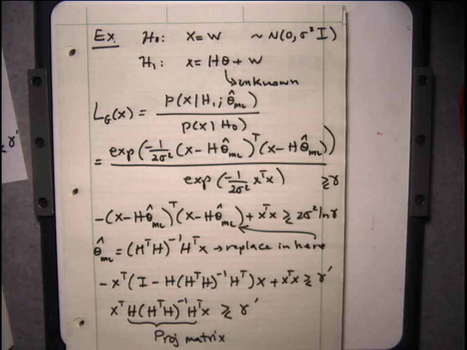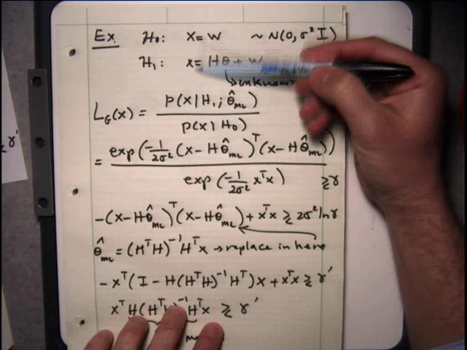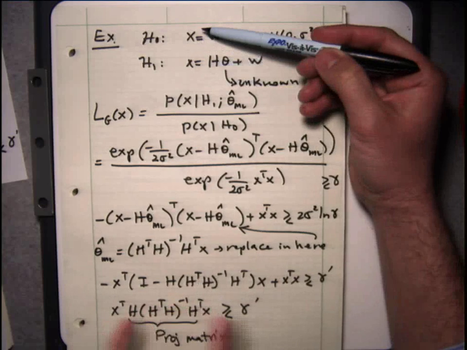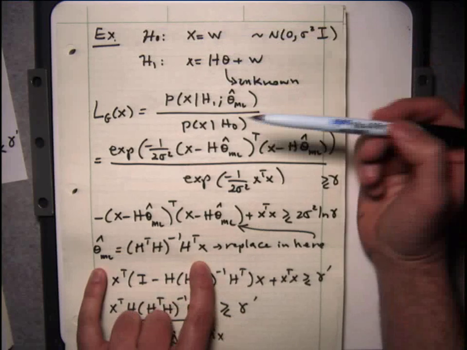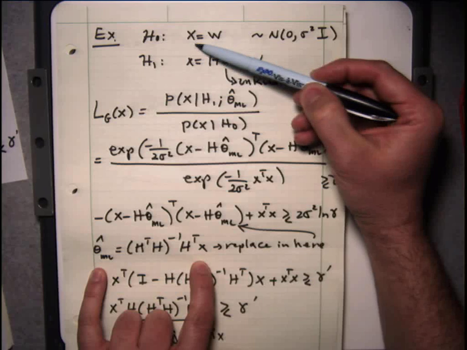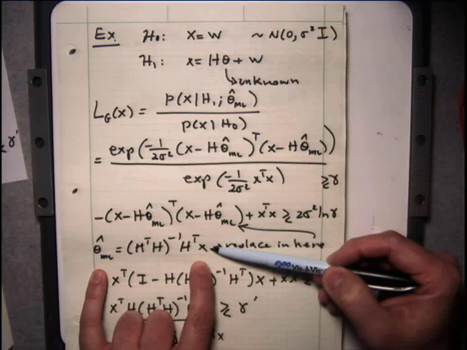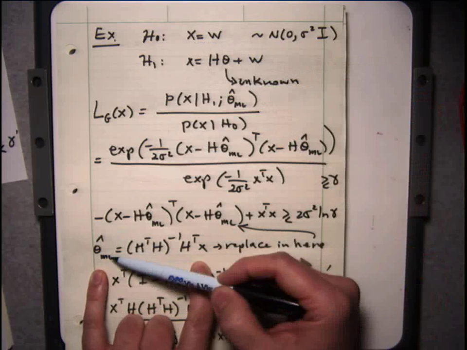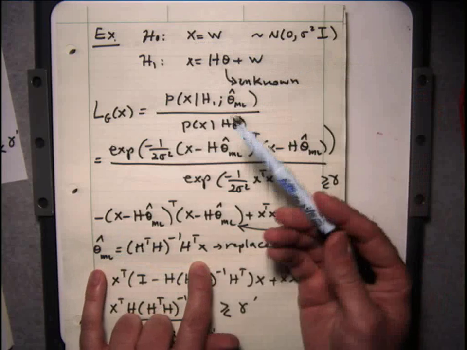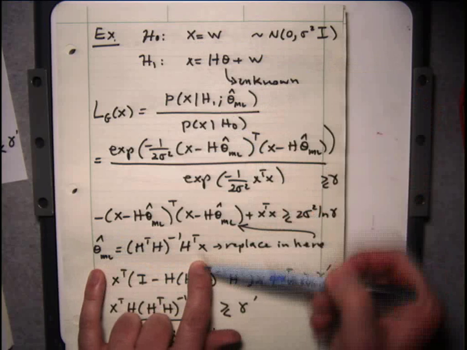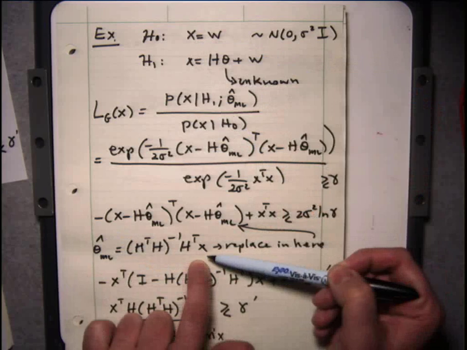I clearly told you there are two hypotheses. But what if you calculated this and X happened to come from this hypothesis? What would happen? Of course, your estimate of theta hat maximum likelihood would just be ridiculous. It would be meaningless, because all you're doing is plugging noise into this expression.